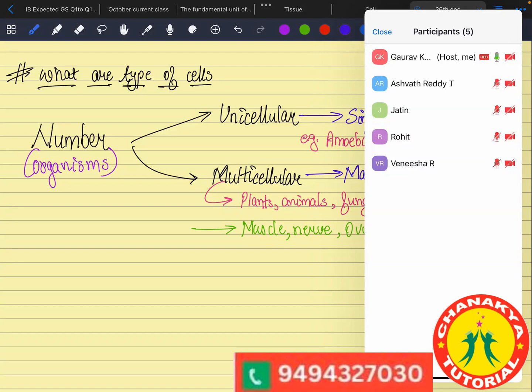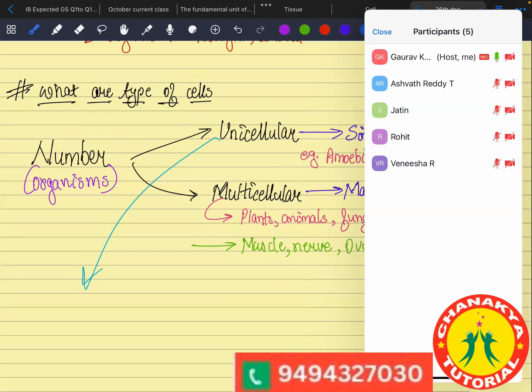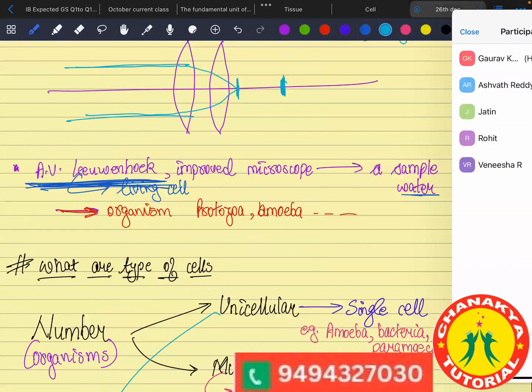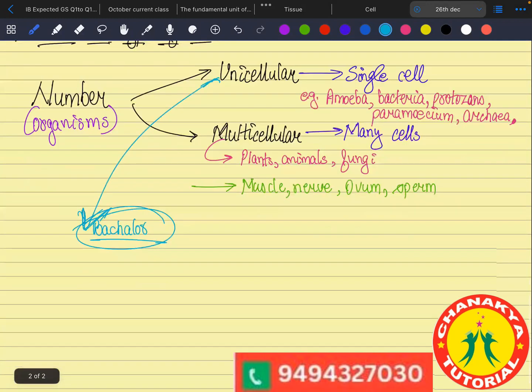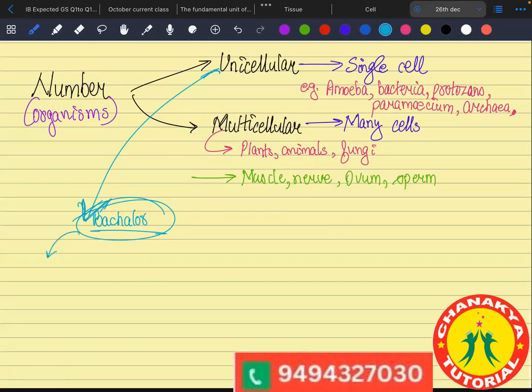If someone is doing all of that work by himself, if I take my example, I'm a bachelor. I have come outside from home to study, so I do all my cleaning. I also make my food.